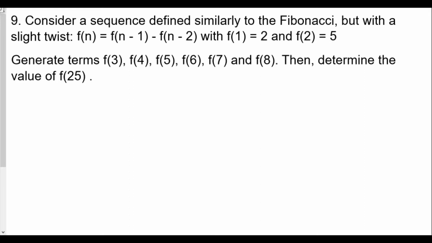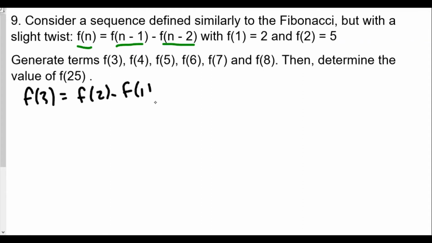But here we see in this case that the term is going to be the previous term minus the one before it. So we'll list here that f3 is equal to f2 minus f1. And so f3 is going to be, f2 is 5, f1 is 2, that's going to be 3.